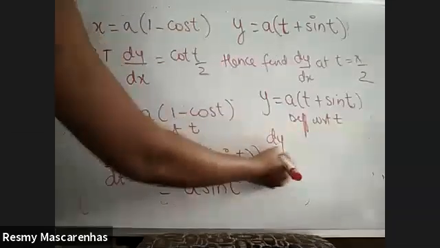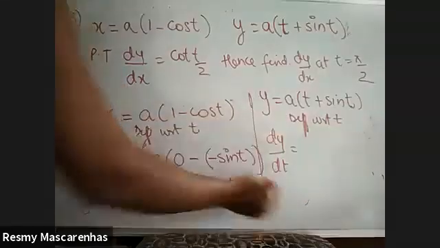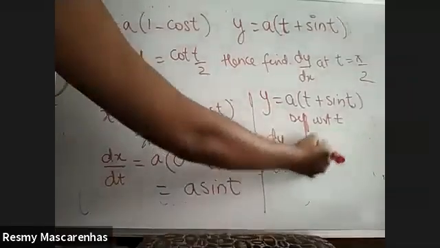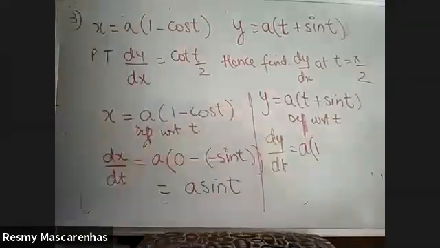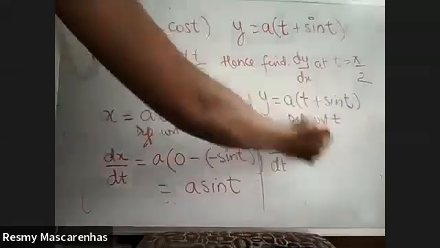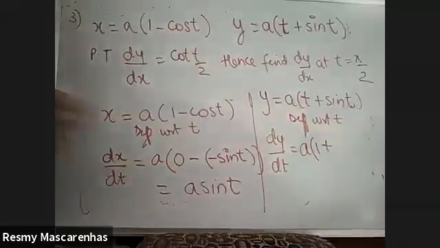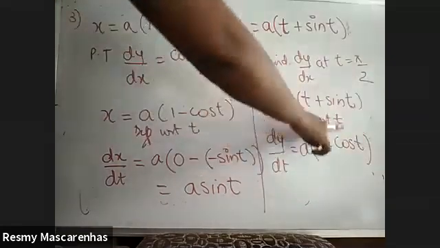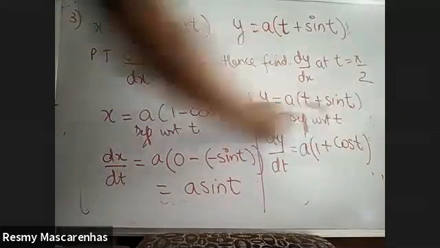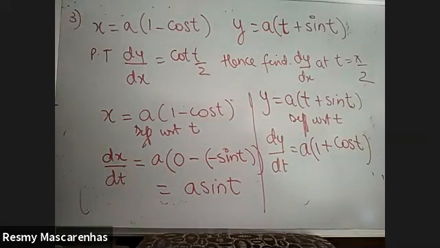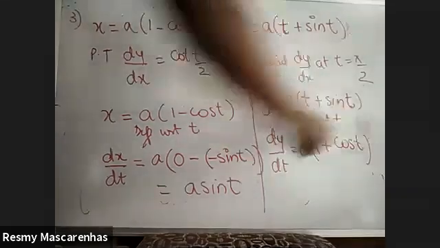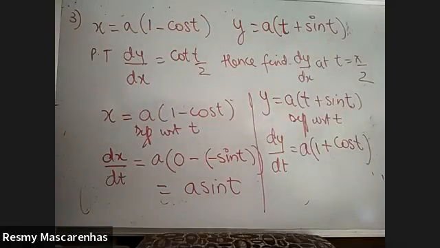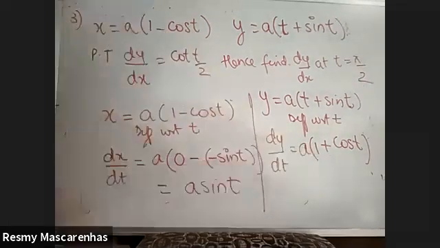So dy upon dt will be a into derivative of t will be 1 plus derivative of sine t will be cos t. No taking extra derivatives. Again reminding you, because we are differentiating already with respect to t only. T and t is matching, so you don't have to take extra derivative. So this is dy by dt.